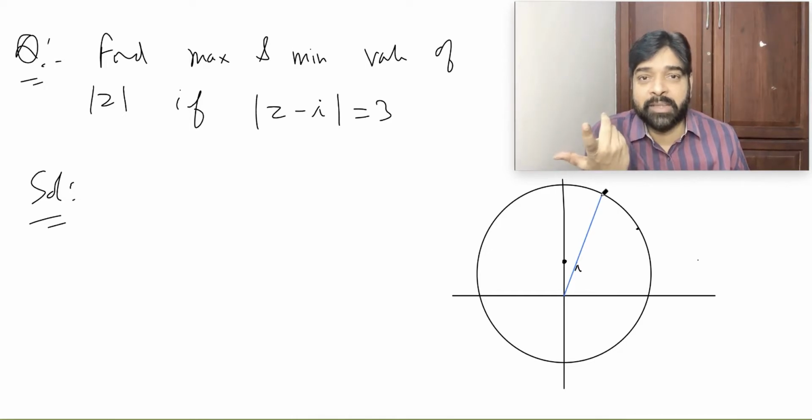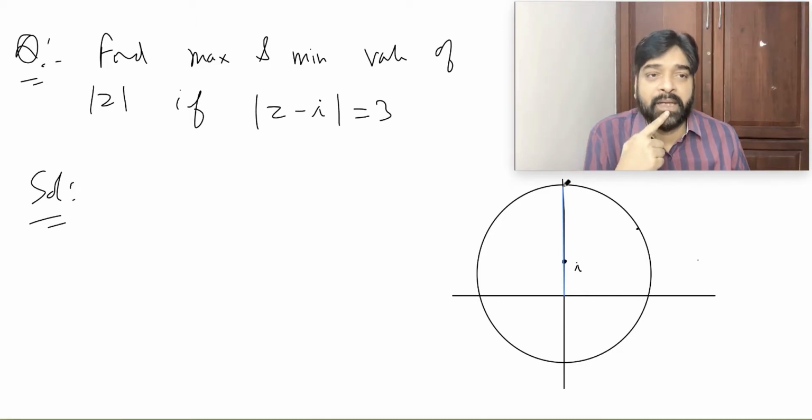When will it be maximum? When it reaches here. Yes or no? When will it be minimum? When it reaches here. Very simple idea. When will maximum and minimum come? When the origin and center are joined.